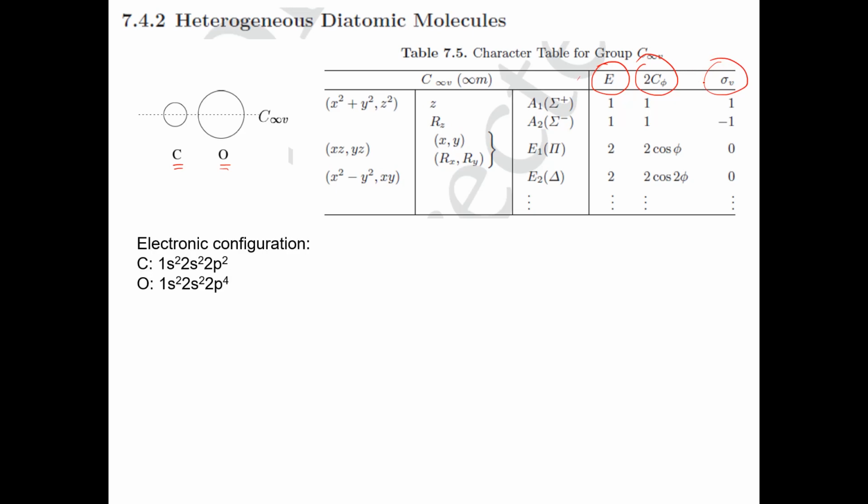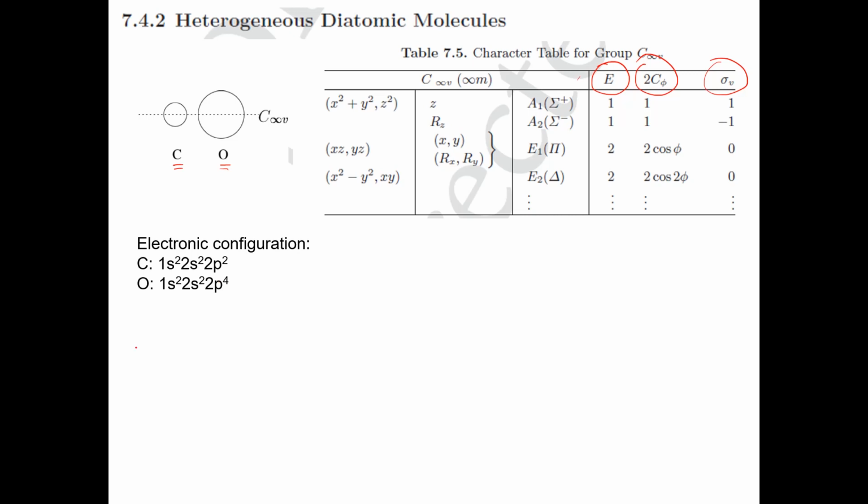So the electronic configuration of carbon and oxygen is more complicated now. I don't have only s orbitals, but p orbitals start to be important now. Okay? So carbon is 1s2, 2s2, 2p2. Oxygen is 1s2, 2s2, 2p4.